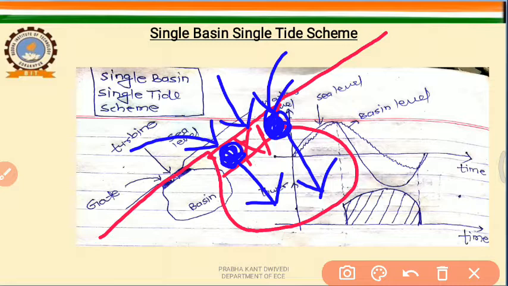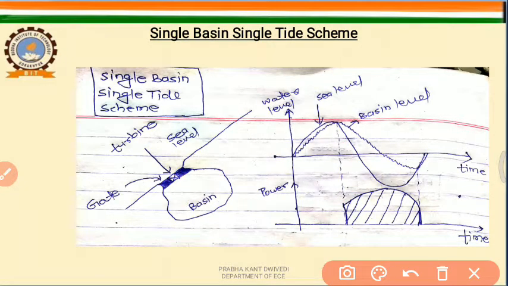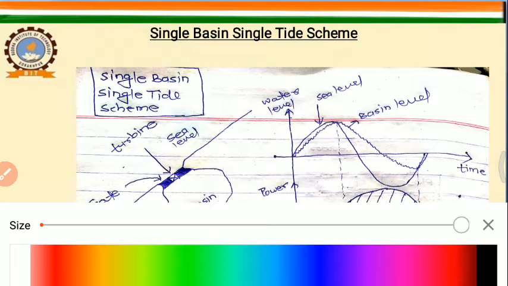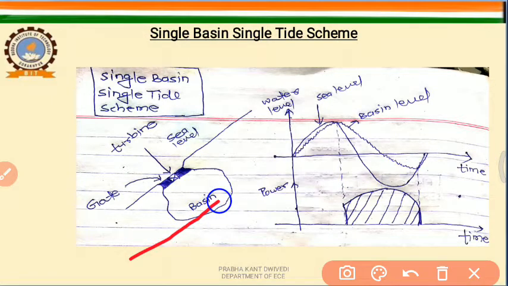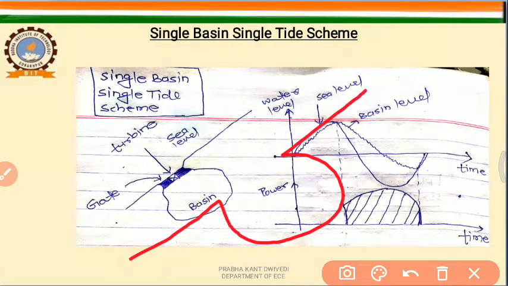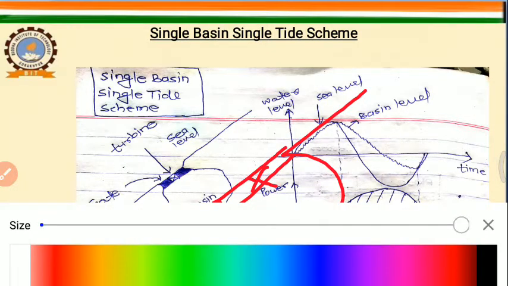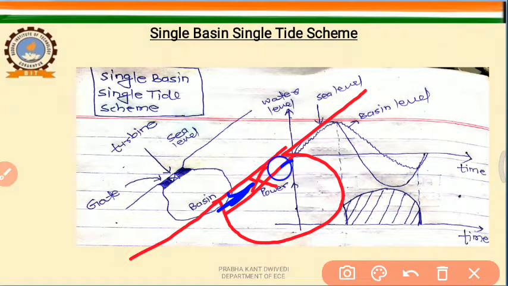And when during the low tide this water goes back to the ocean, these two gates are closed. Consider the diagram like this. During the high tide, water goes through these gates into the basin, and this basin fills up.